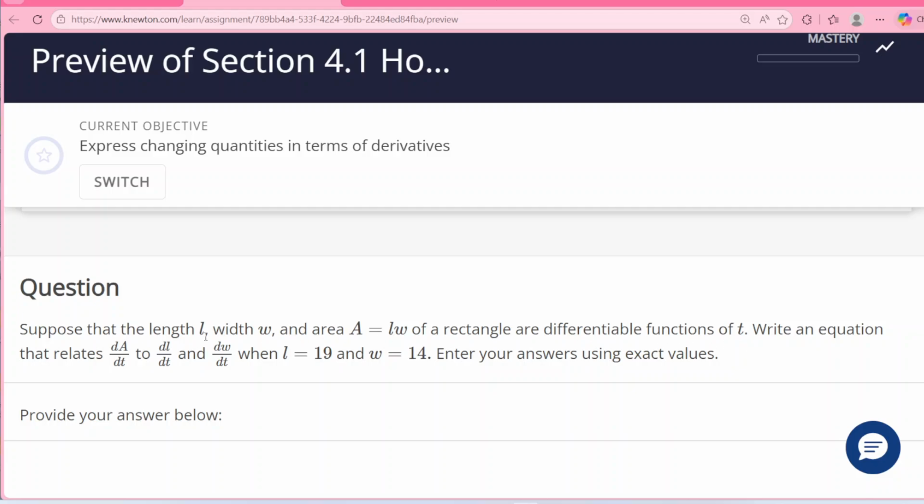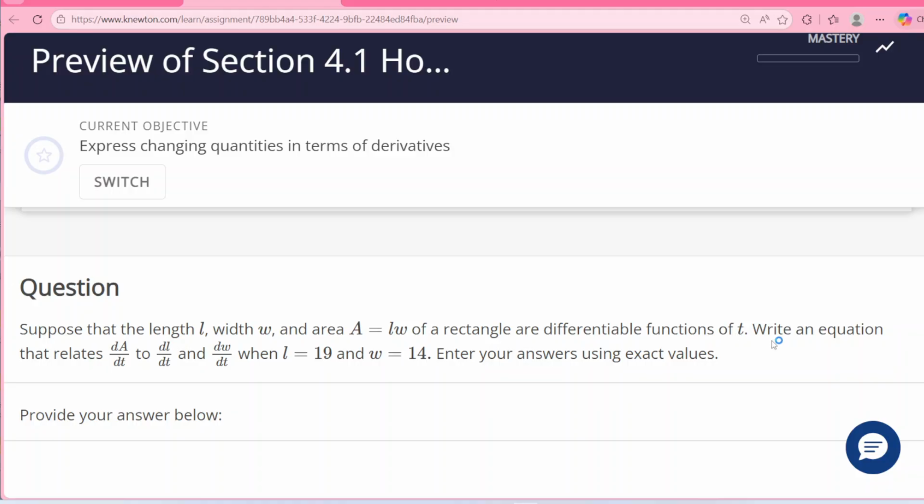So that means L, W, and A are all functions of this time variable. Usually when t is there, I'll just think of it as time. So area, length, and width of this rectangle are changing as time goes by, right, as the value of t changes.